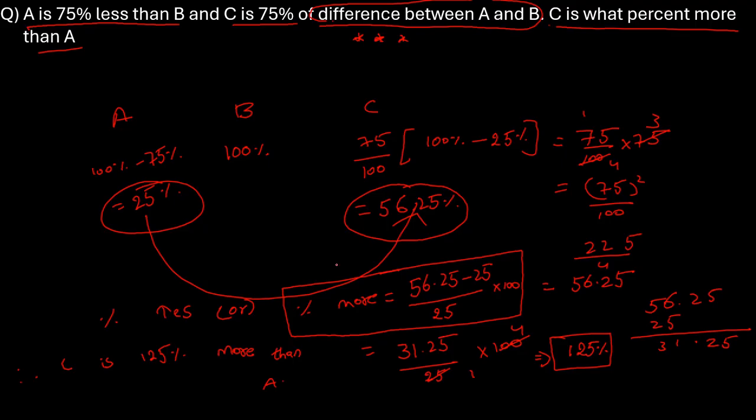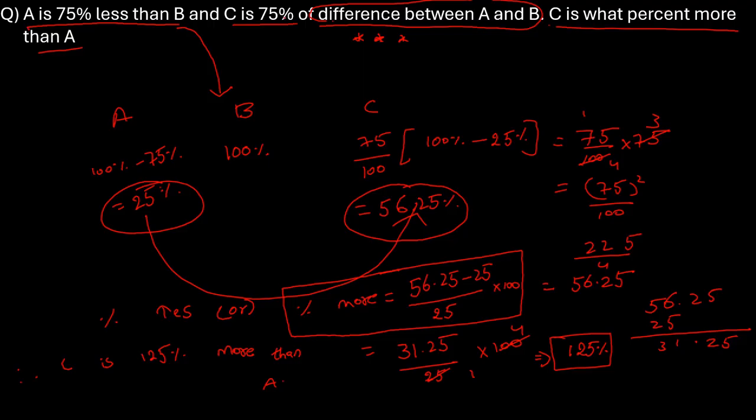I hope everyone is clear with this question. Let me explain it one more time, guys. It is given that A is 75% less than B. So I assume B to be 100%. As A is 75% less than B, the value of A is 25%. Okay.